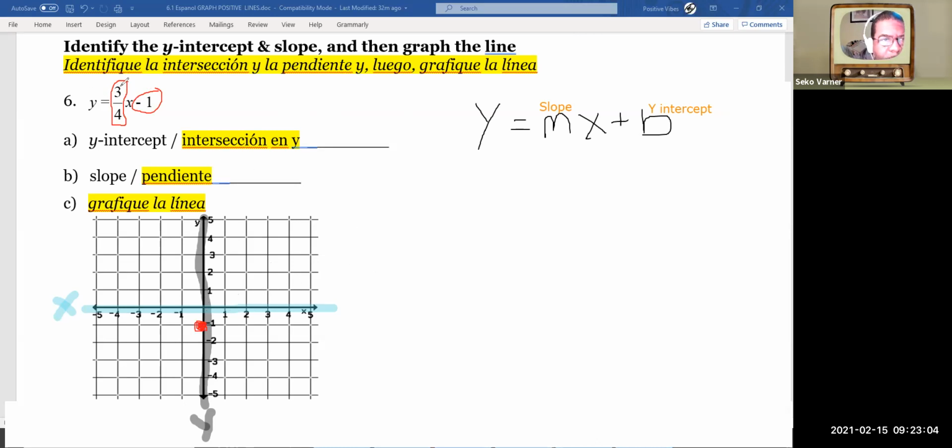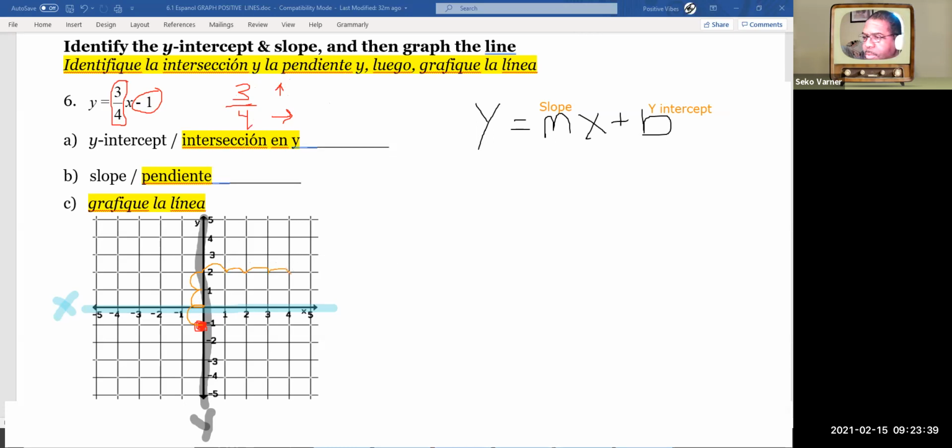And then I look at our slope and it says 3 over 4. So 3 over 4 is up 3 over 4. So from here, I'm going to go up 3, 1, 2, 3, and go over 4. 1, 2, 3, 4.